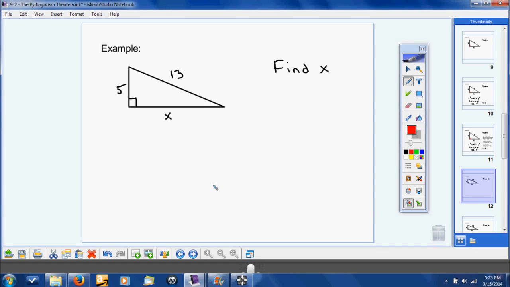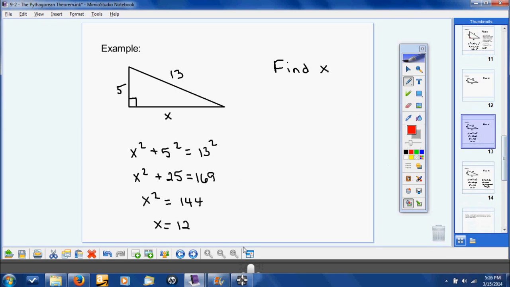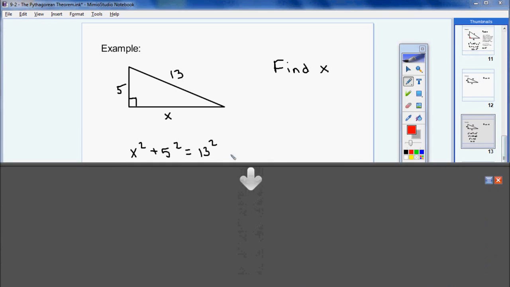Okay, so now you need to make the decision as far as where the x belongs. This x is a leg, and the 5 is a leg, and the 13 is your c. a squared plus b squared equals c squared. So we'll set it up. x squared plus 5 squared equals 13 squared.